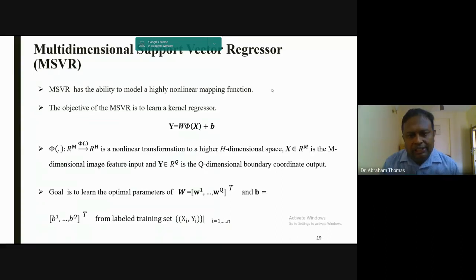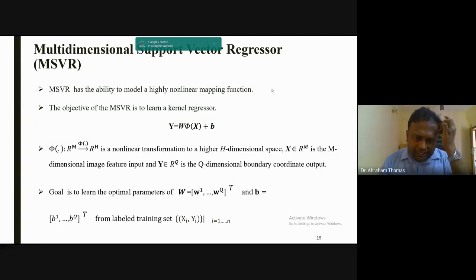W transpose has columns W1, W2, etc. up to WQ, where each Wi has dimension H, and b has components b1, b2, etc. up to bQ. They are all real numbers, the transpose of that.